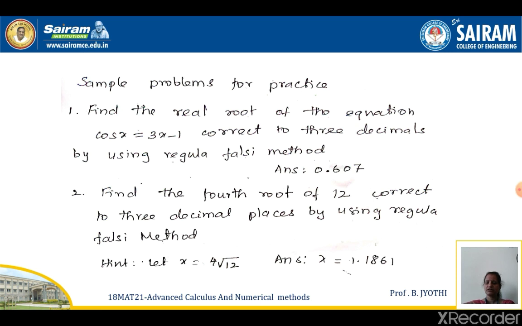Hint: x is equal to the fourth root of 12, and the answer is given for both the problems. One more note I would like to give here is, whenever we are taking a trigonometric function, take the calculator and put it in radian mode. That gives the correct values.